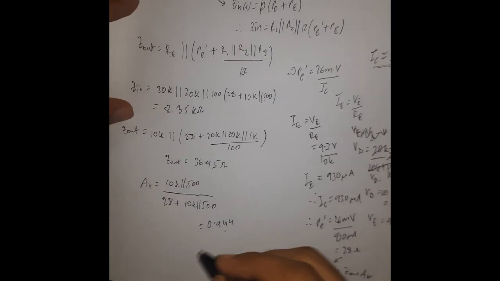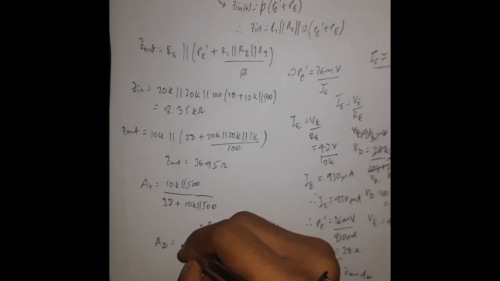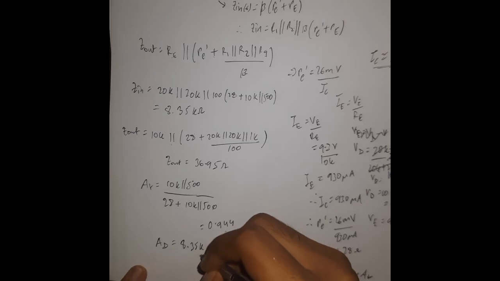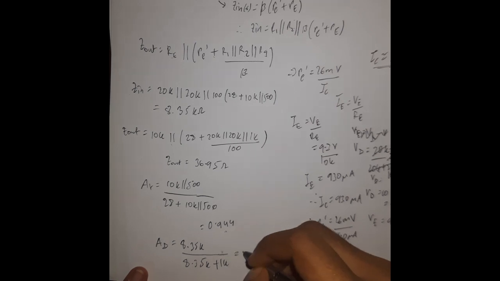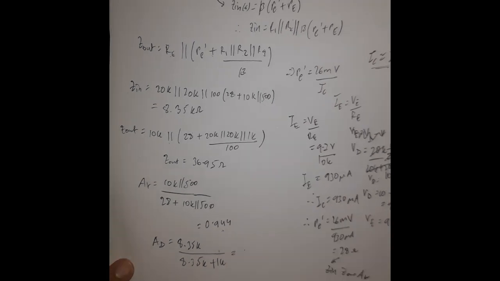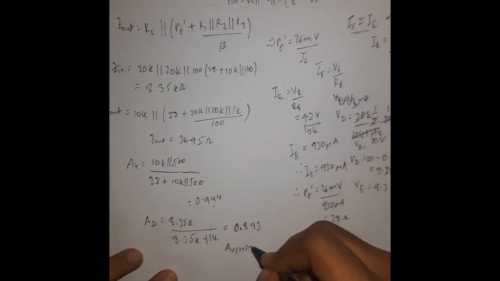Therefore, divider gain AD is equal to the input impedance 8.35 kilo ohms divided by 8.35 kilo ohms plus 1 kilo ohm. We get 0.893 as our gain.